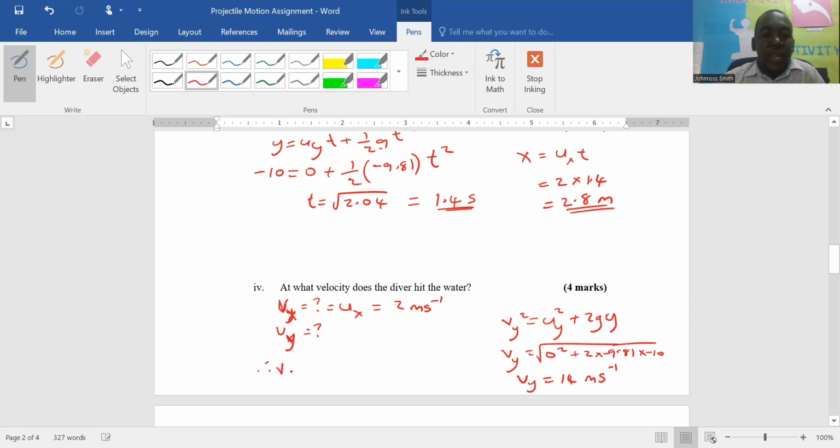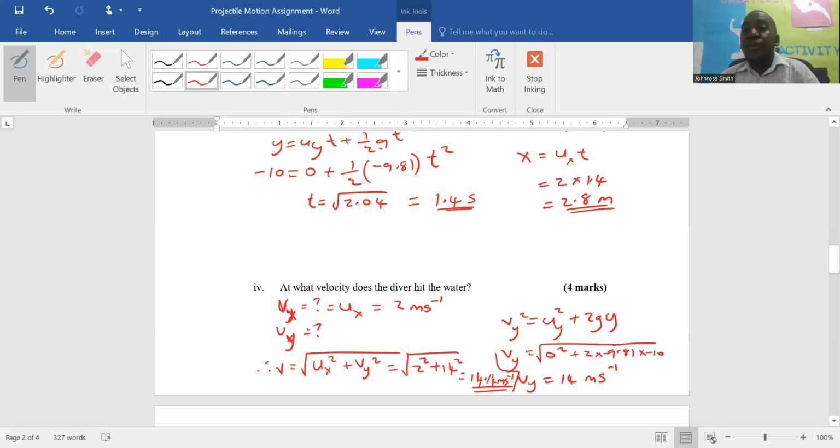Now to find the v at striking the water, it would be the square root of ux squared plus vy squared, which in this case would be 2 squared plus 14 squared, which gives us 14.14. Right? So we notice here that the full velocity of impact on the water is 14.14 meters per second.